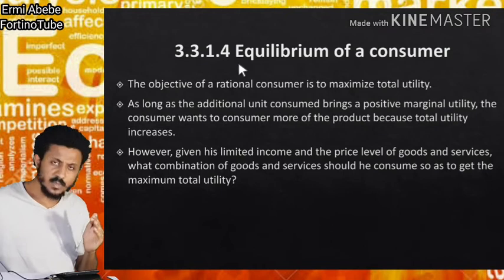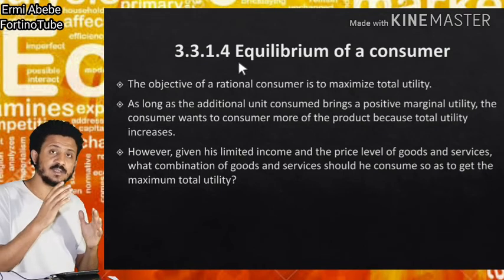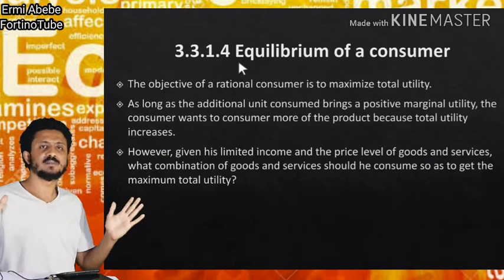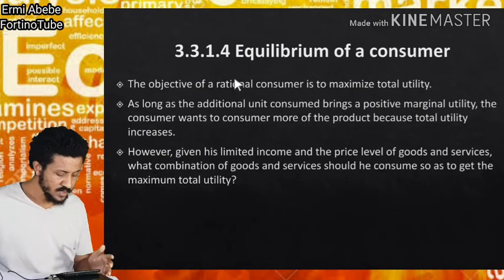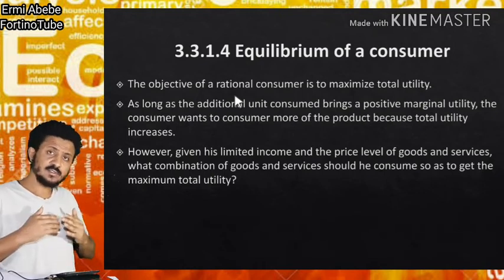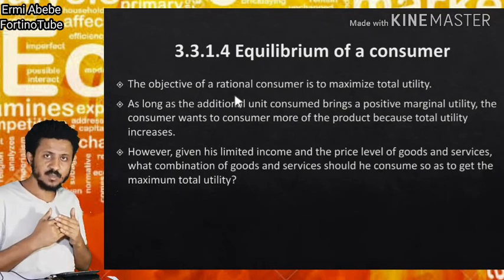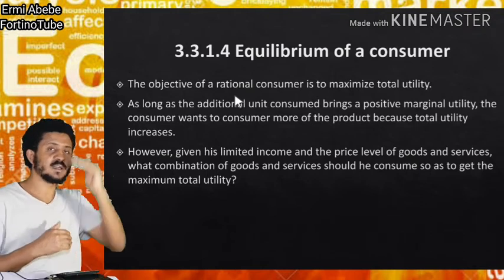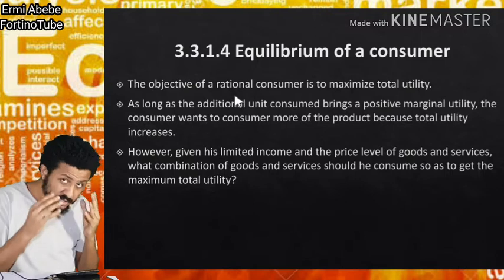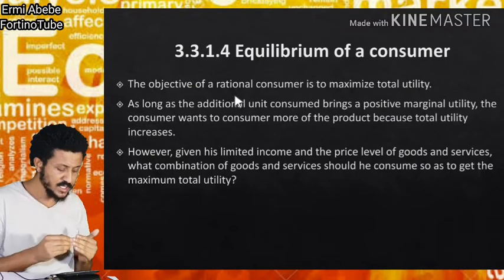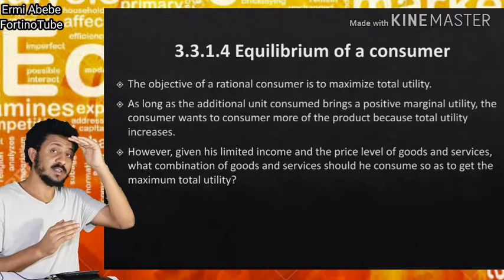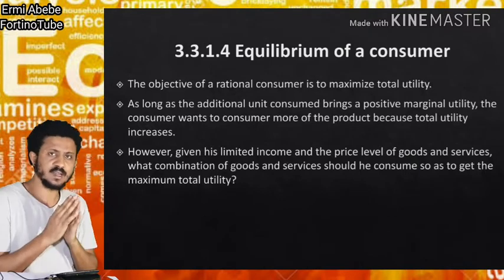The consumer should not consume beyond that quantity. So equilibrium is a point at which satisfaction is maximized. The objective of any rational consumer is to maximize total utility, to reach the maximum on the total utility curve. But the consumer cannot do that because of budget limitation; it is difficult to consume until total utility is at its maximum.